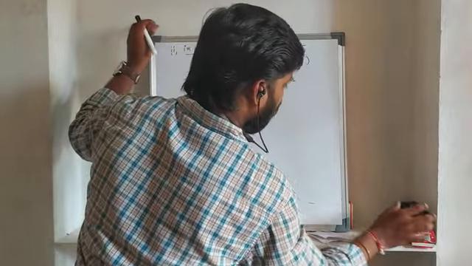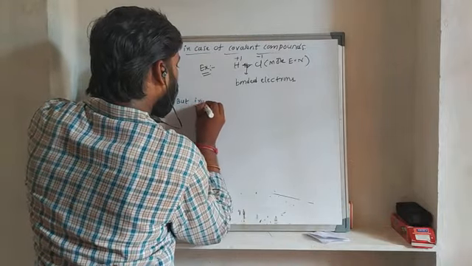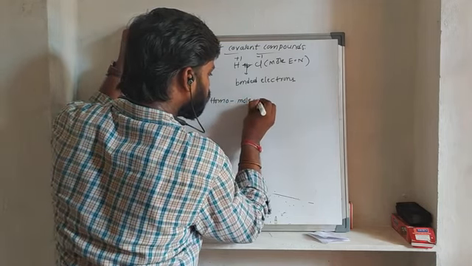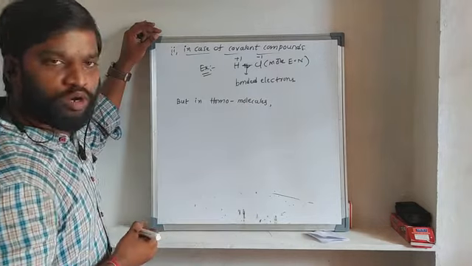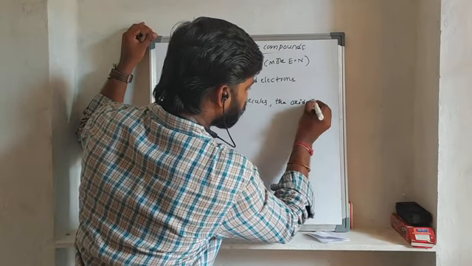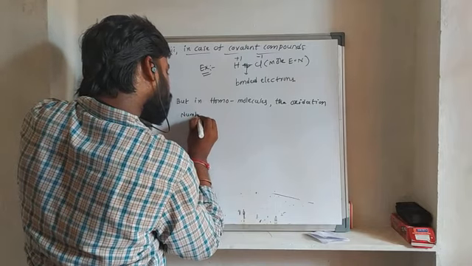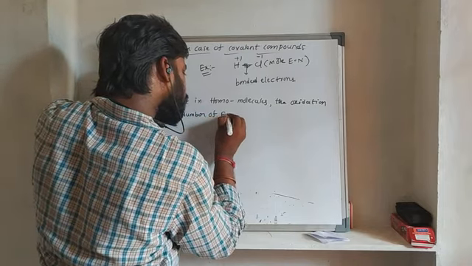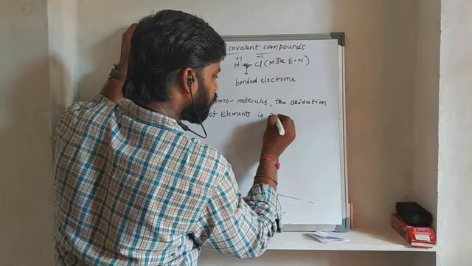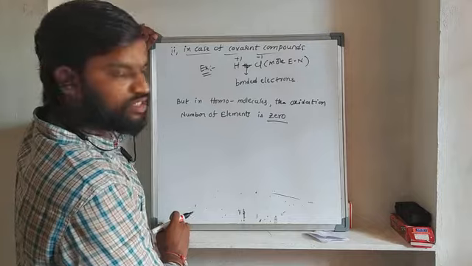But in homomolecules, the oxidation number of elements is 0.